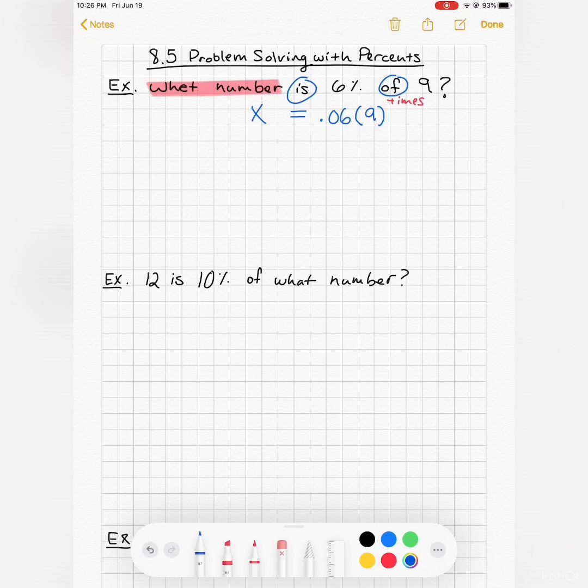And so then I just have to do that multiplication. So what is that? 9 times 6, 54, so 0.54. So the number 0.54 is 6% of 9.